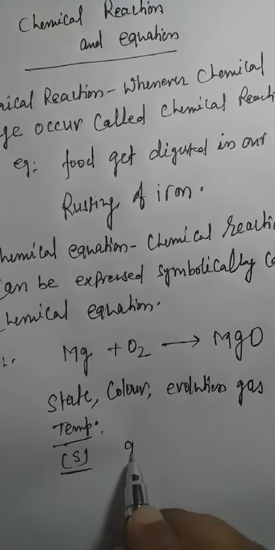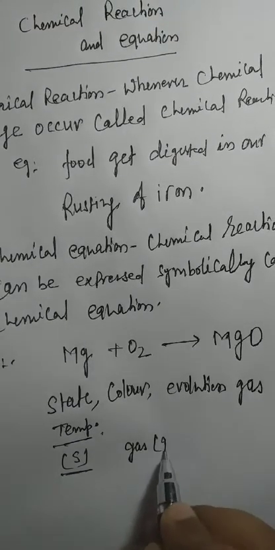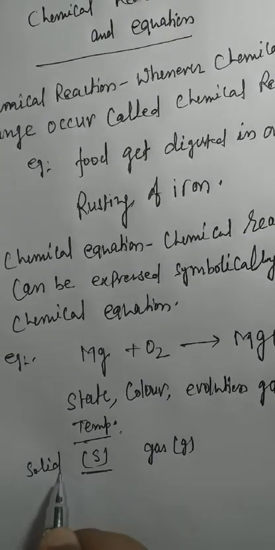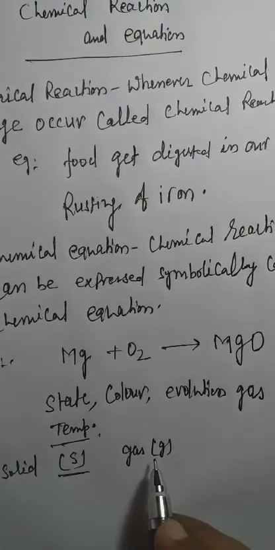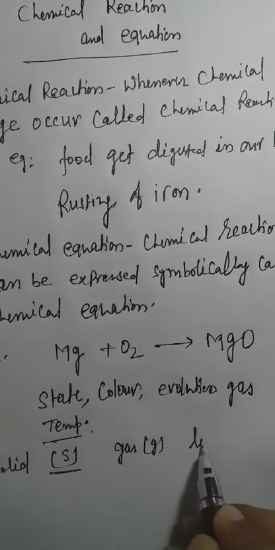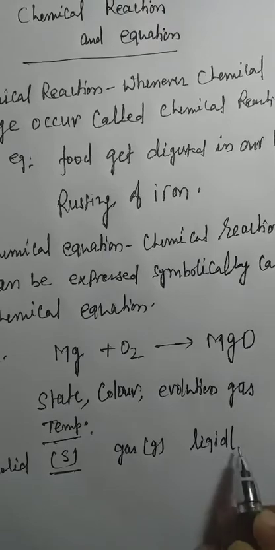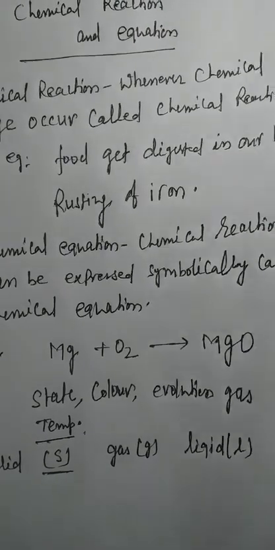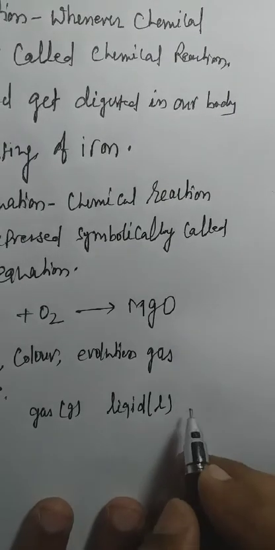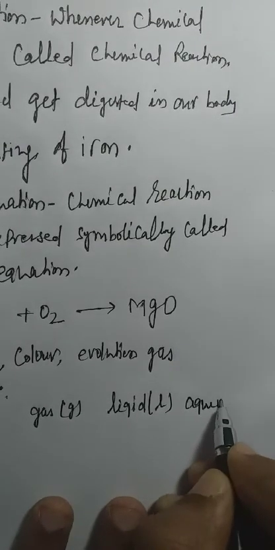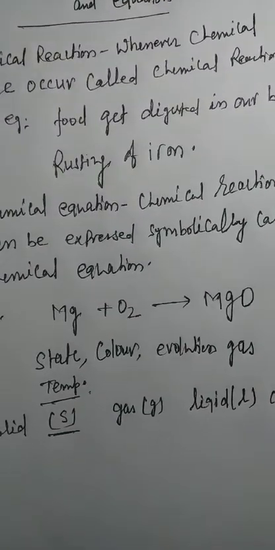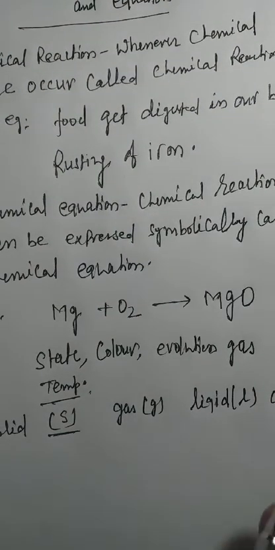For gas we use g, and for liquid we keep lowercase l. And if something is aqueous, you have to write aq. Right, this is the physical appearance of different states.